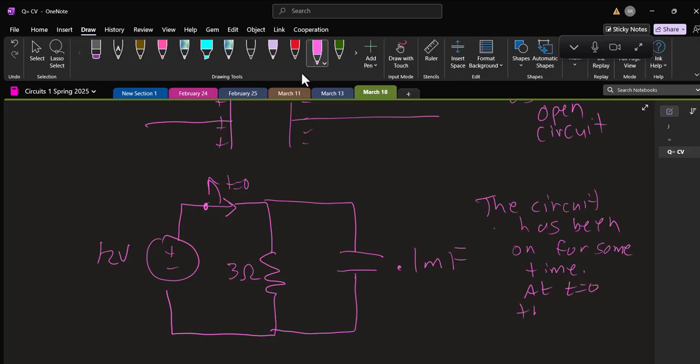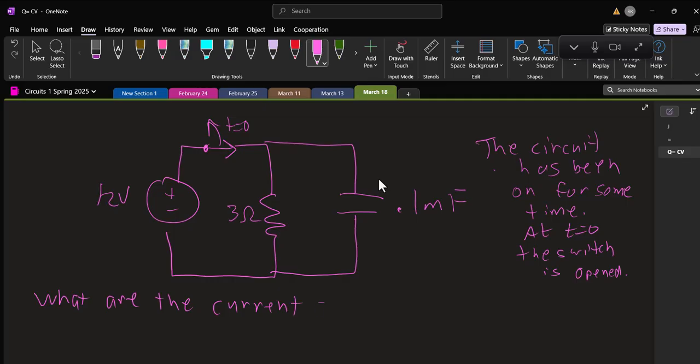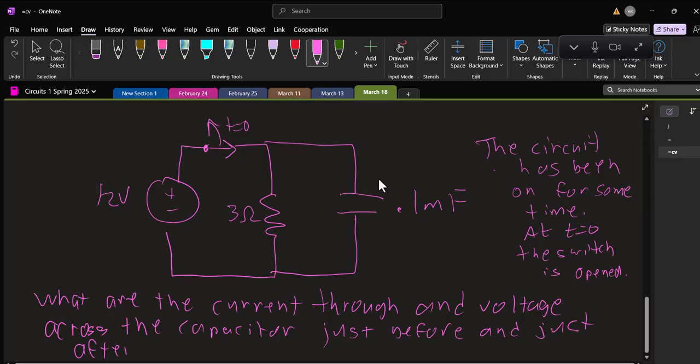At t equals 0, the switch is opened. What are the current through and voltage across the capacitor just before and just after the switch action?